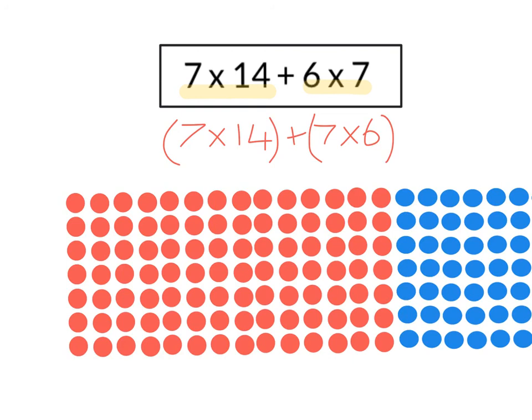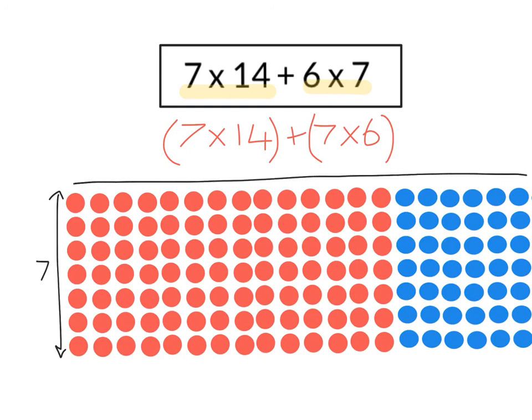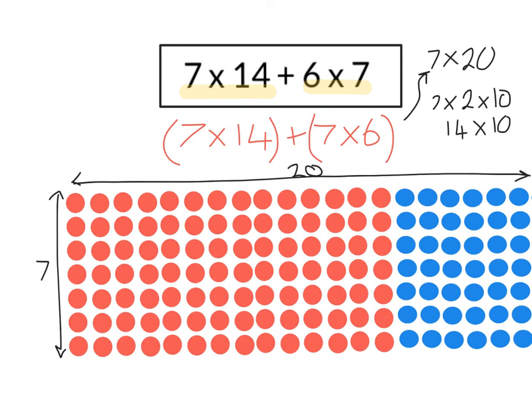So that means that altogether I've still got 7, but 14 add 6 is 20. So altogether I'm doing 7 times 20, which I know using associative law is 7 times 2 times 10, which is 14 times 10, which is 140.